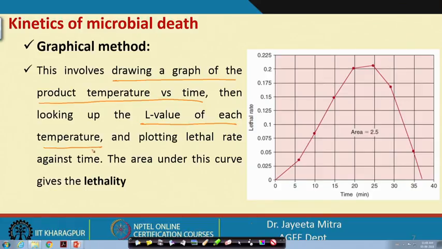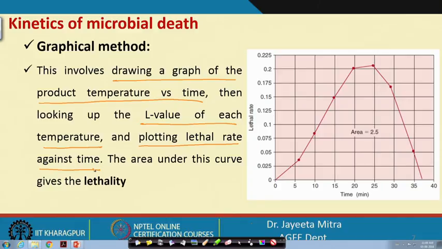So, lethality value, that is what? That is 1 minute processing at that temperature will be equivalent to lethality value at 121. So, that we will calculate first, and plot the lethal rate against time.